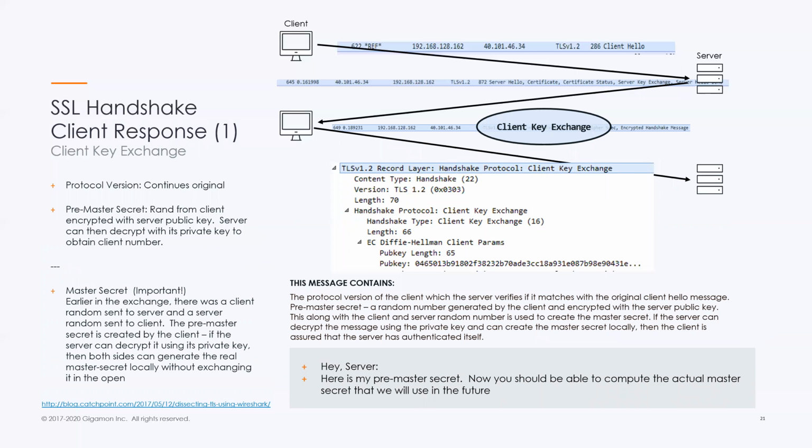The client response to the server hello is the client key exchange. The protocol version continues the original negotiated protocol version. The pre-master secret, the random from the client, is now encrypted with the server public key.